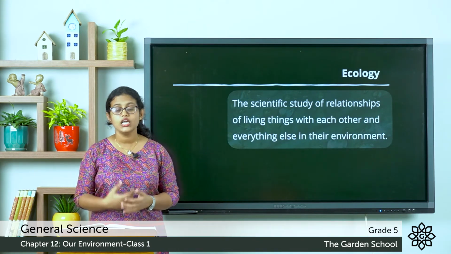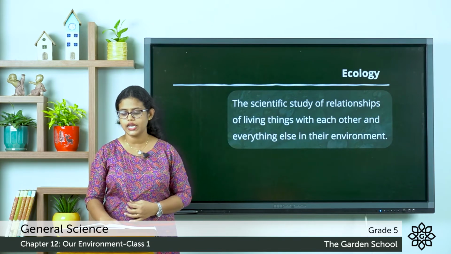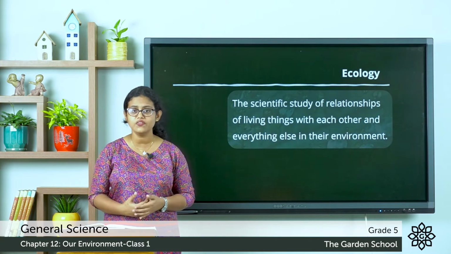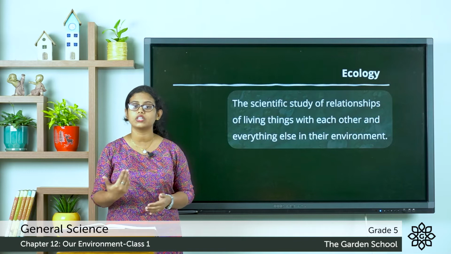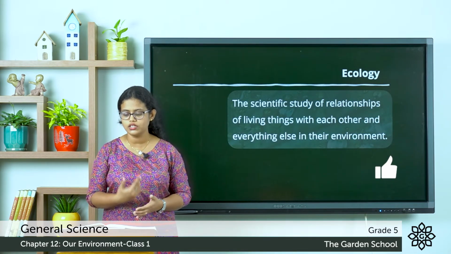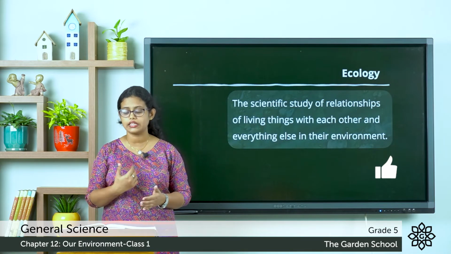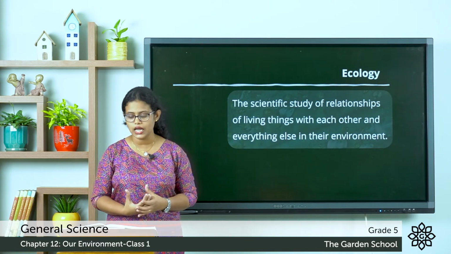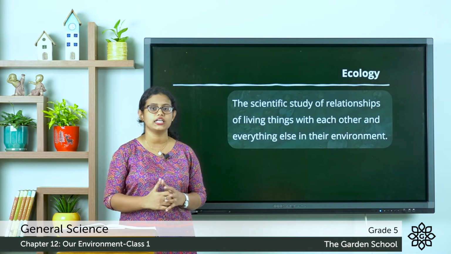For example, if you are studying the relationships the animals living in a grassland have with each other, that is with plants, with human beings and with the soil, rainfall and temperature in the region, then you are studying about the ecology of the grassland.